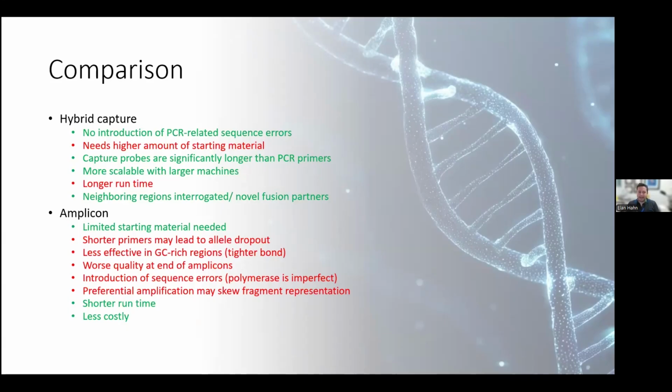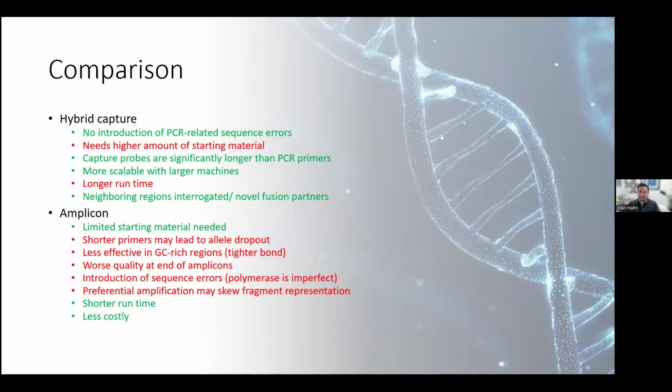So comparing hybrid capture and amplicon-based sequencing, in hybrid capture there's a pro, which I've colored in green. There's no introduction of PCR-related sequencing errors. You do need a higher amount of starting material.